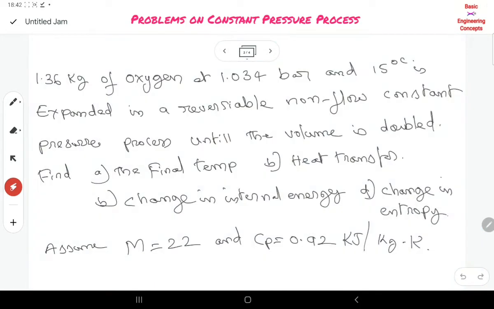Here is one example problem which was already given in previous question papers. The mass is given: 1.36 kg of oxygen at 1.034 bar and 15 degrees C is expanded in a reversible non-flow constant pressure process until the volume is doubled.